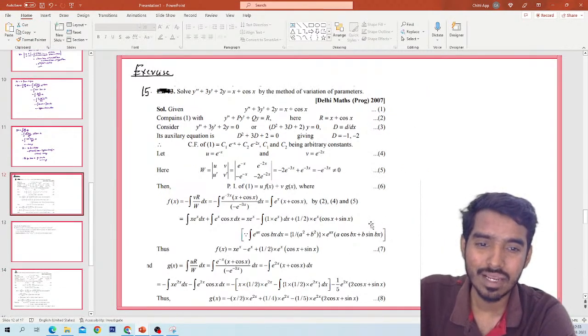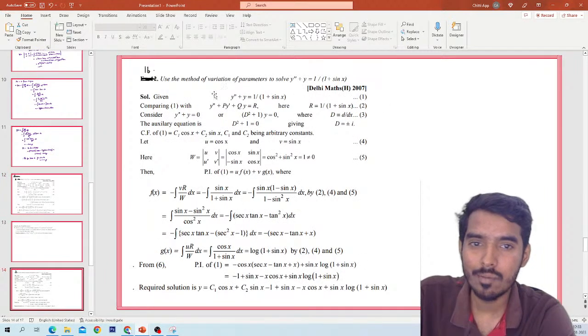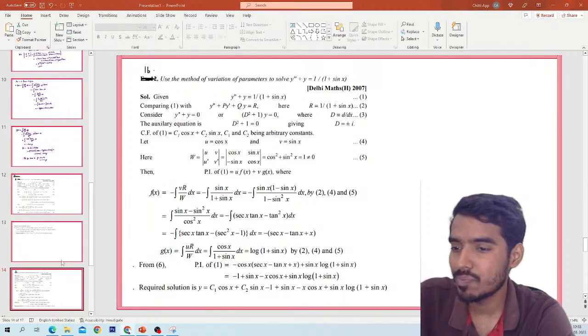Very easy, right? You just have to integrate, that's it. For the 16th problem, solve by the method of variation of parameters.